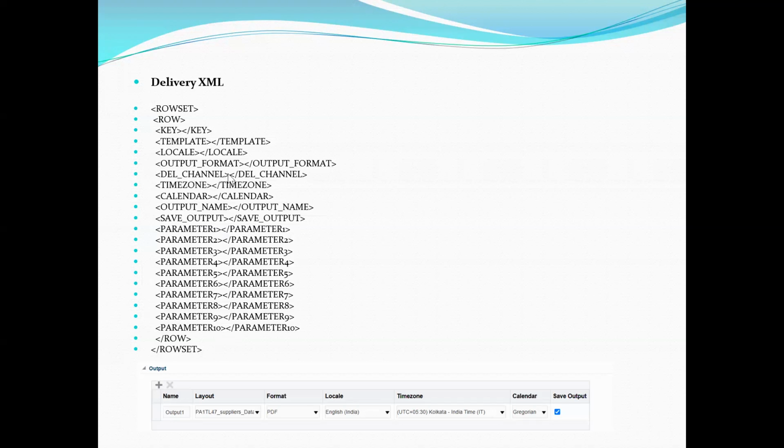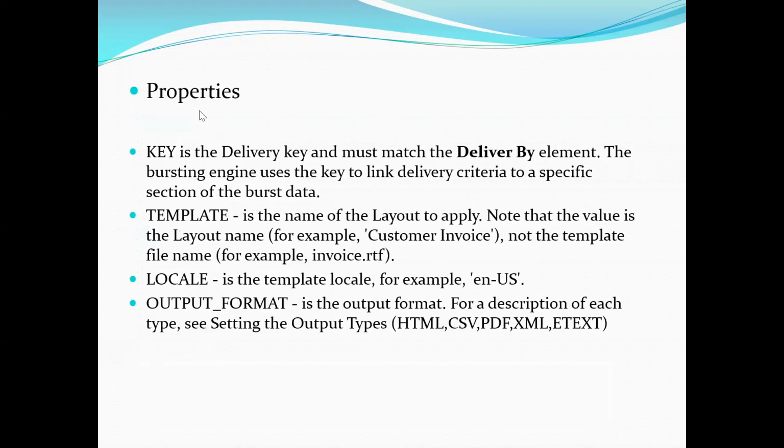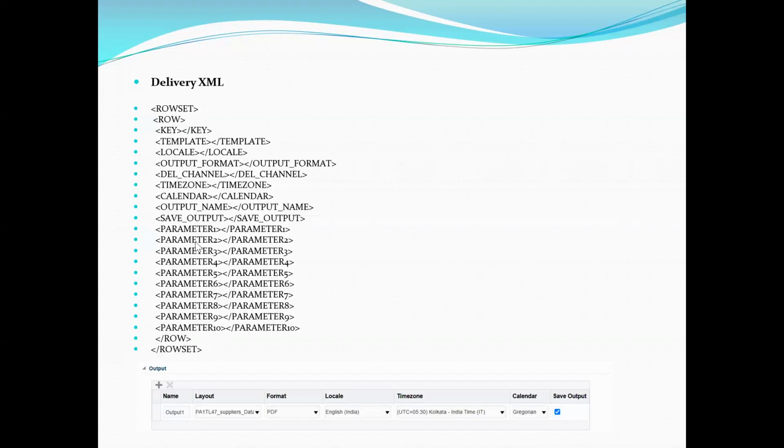If it is email, email related parameters need to be filled here, which is parameter 1 to 10. If it is fax, fax related parameters need to be filled. If it is UCM, UCM related properties need to be filled. If it is FTP, FTP related parameters need to be filled.